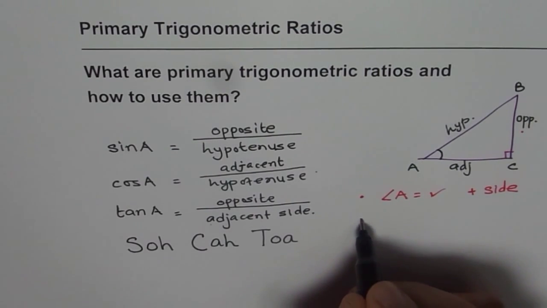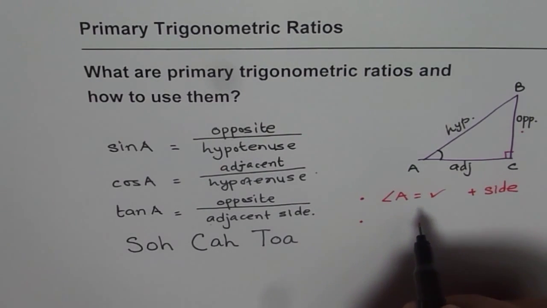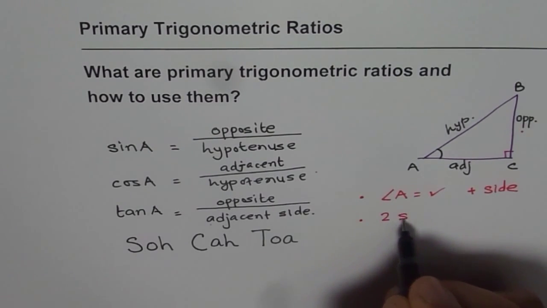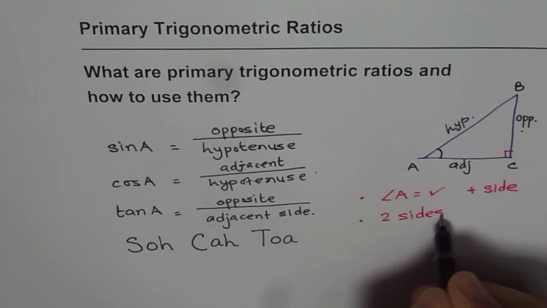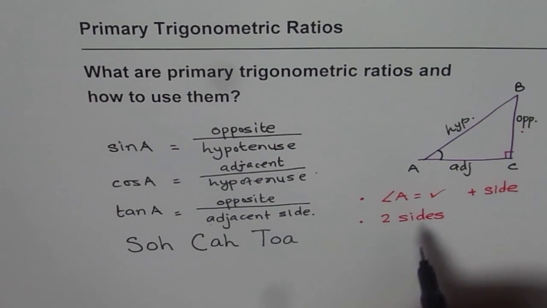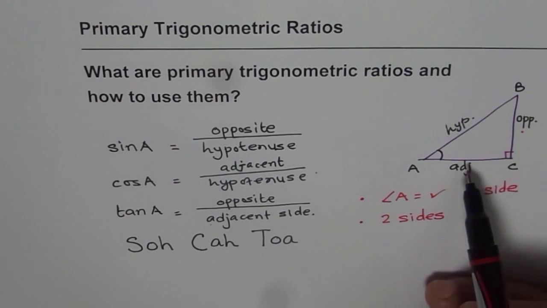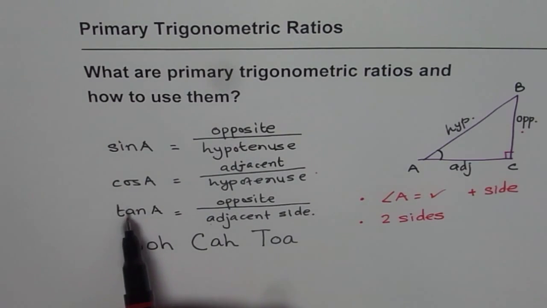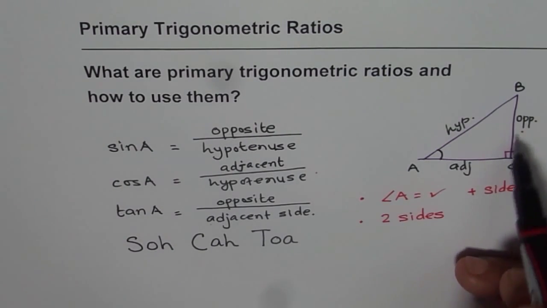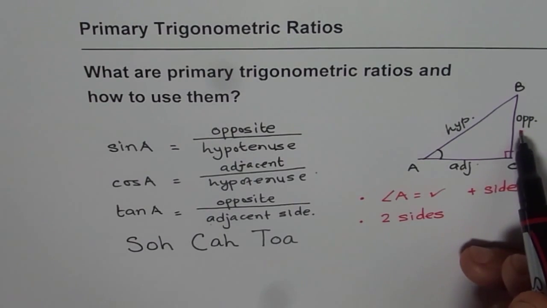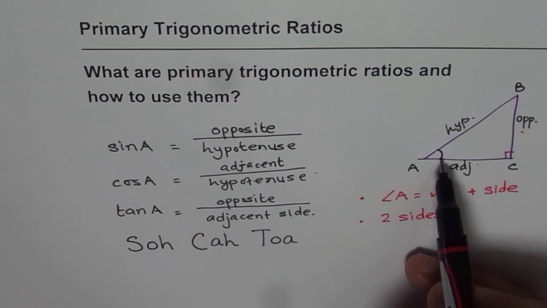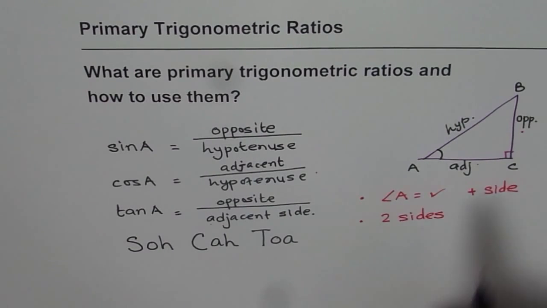Alternately, if we know two sides, then depending on which two sides are known to us, we can find the trigonometric ratio. Let us say we know these two sides, then we can use tan A, solve for angle A, and once we know angle A, we can find the third side and the third angle.